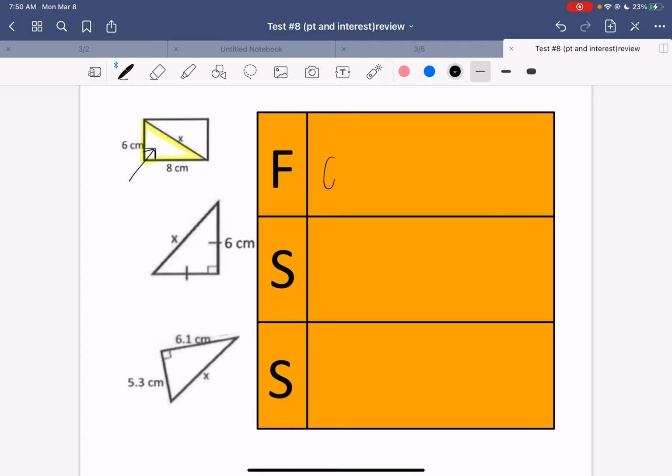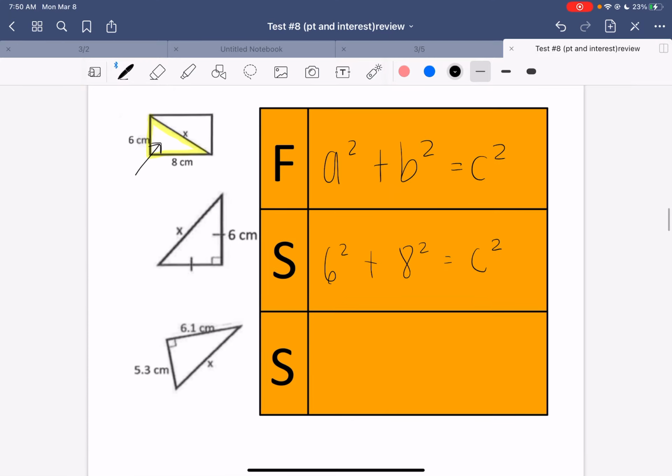I'm going to write my formula here, and then substitute what I know, just remembering that the side lengths, the legs of the triangle, are interchangeable, so it does not matter if 6 or 8 is A or B.